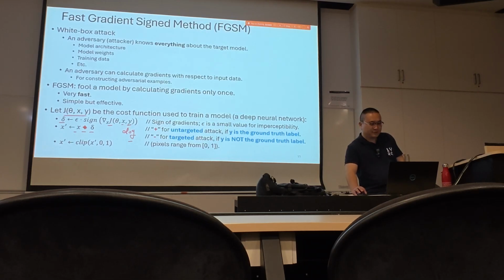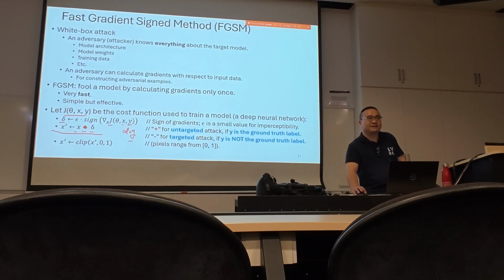Remember that we repeat this step again and again, just like when we train the model. Then the model will eventually make a very small error to say, oh, this is a dog, and we fool the model. So that's why if we are doing a targeted attack, then y is the target label, not the true label.